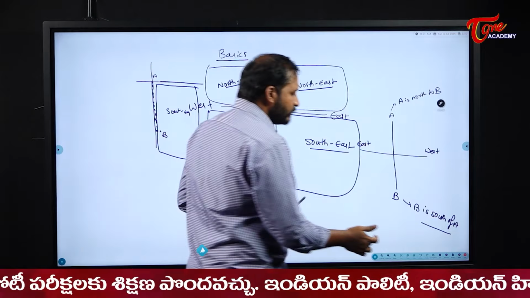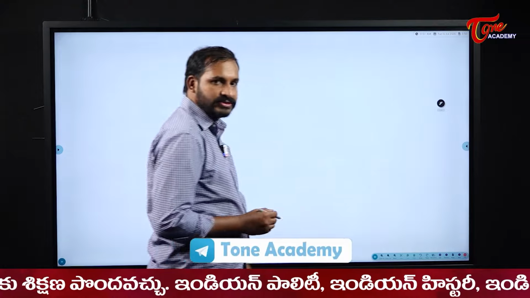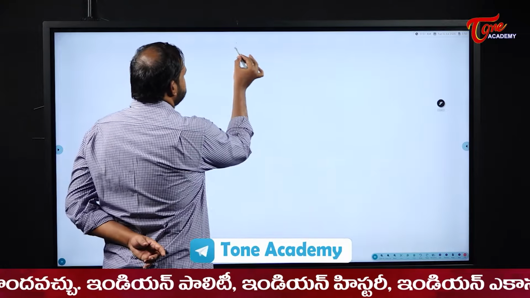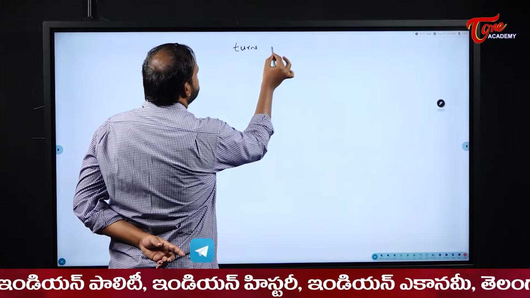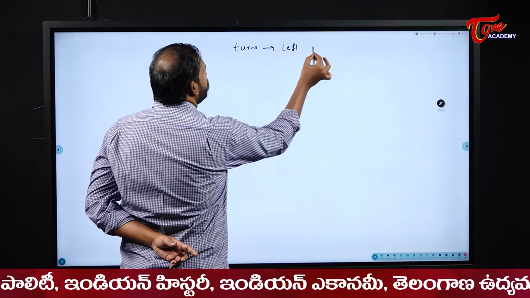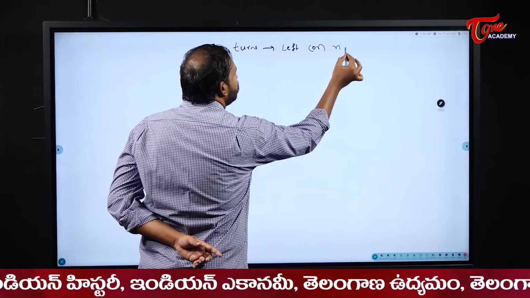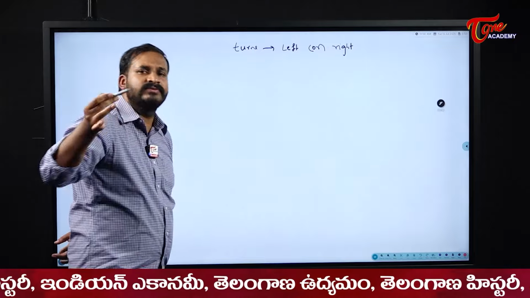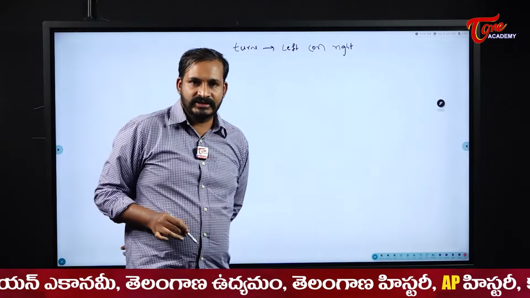Next, in our problems, while solving the problems, students, we will have turns. So a left turn or a right turn. Generally, we will have turns, and while solving the problems we will come across these things. What happens to this left turn?